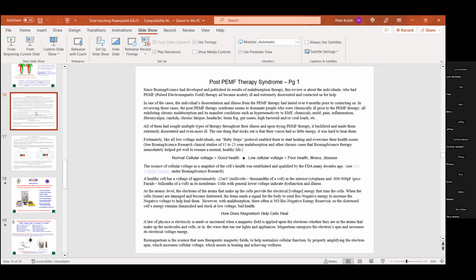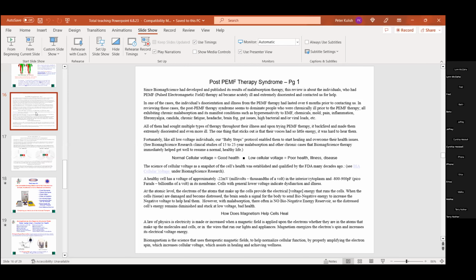And what had happened is that they were chronically ill. I think all of them probably suffered from malabsorption. But what occurred is that they got pulsed electromagnetic field therapy.